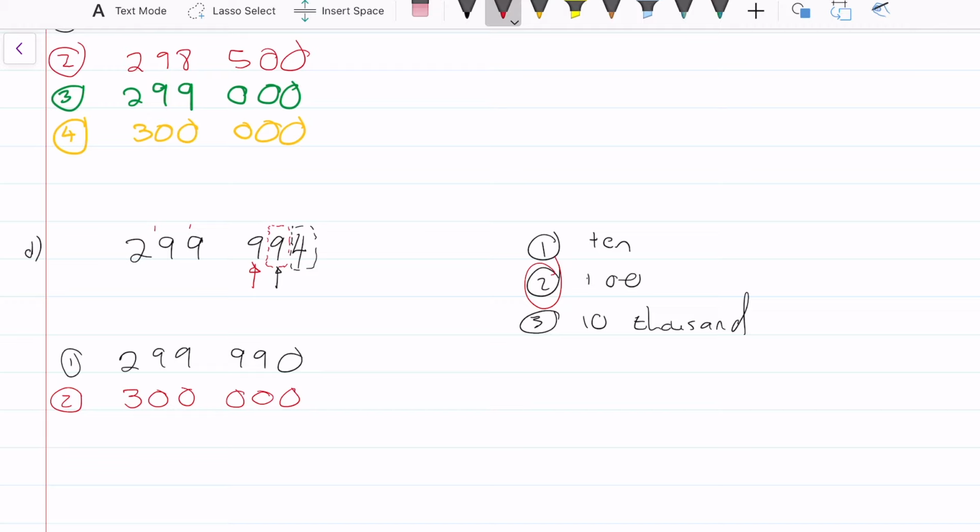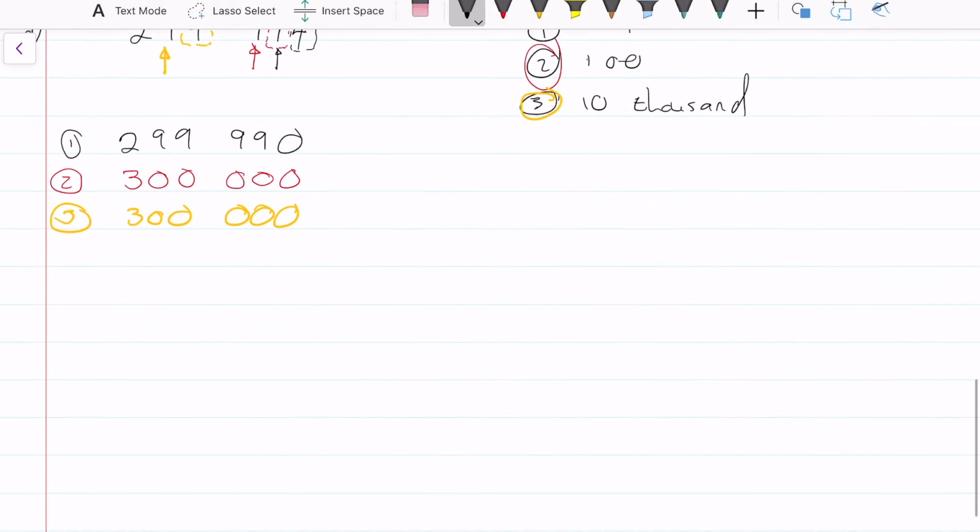So let's look at the next one, 10,000. 10,000 is right here. If we highlight that number, the number before that is 9, so that has to round up. Again, the 9 rounds up to a 10, so we have to add 1 there, and we're left with 300,000 once again.